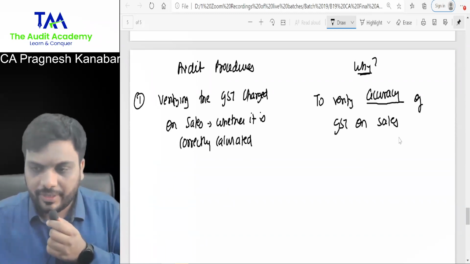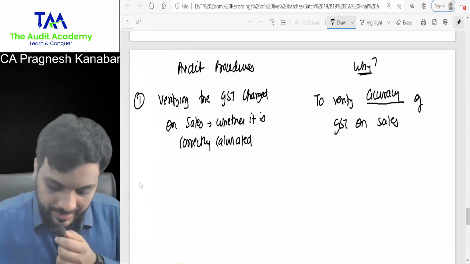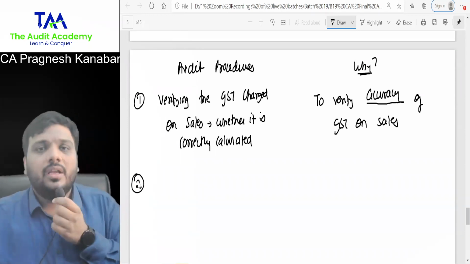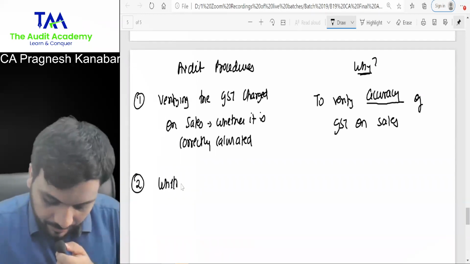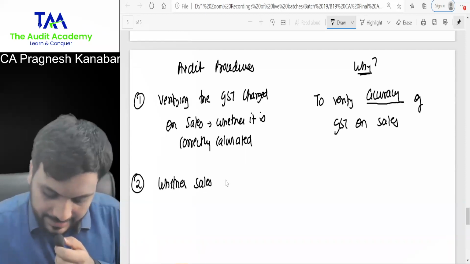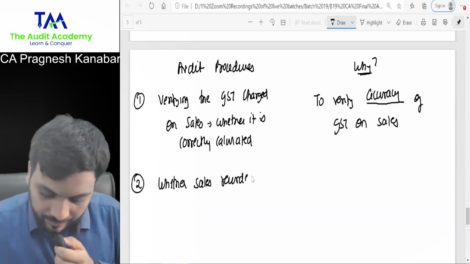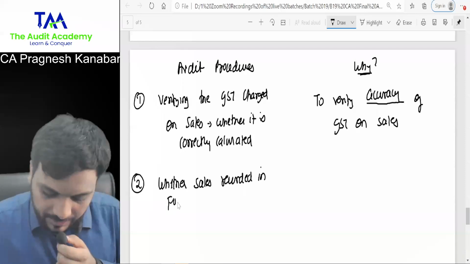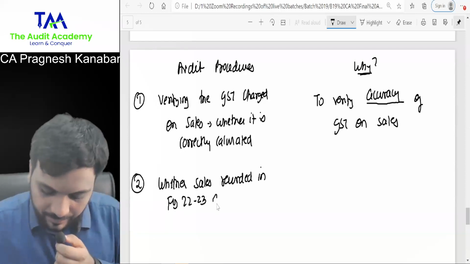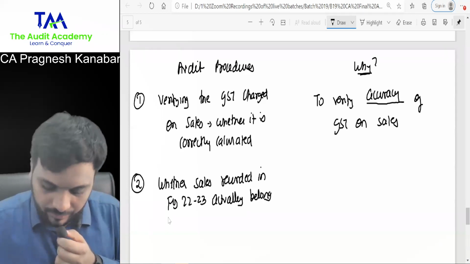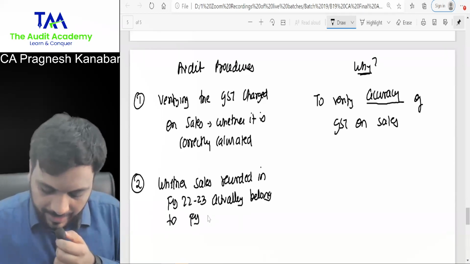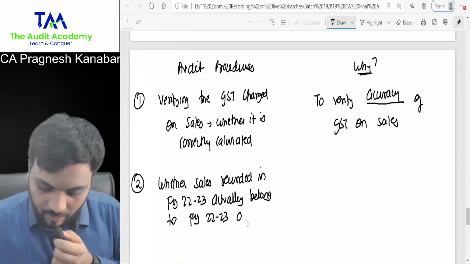Measurement word is also fine, Ganesh. Okay. Then let us say I am checking whether sales recorded in financial year 22-23 actually belong to financial year 22-23 or not.